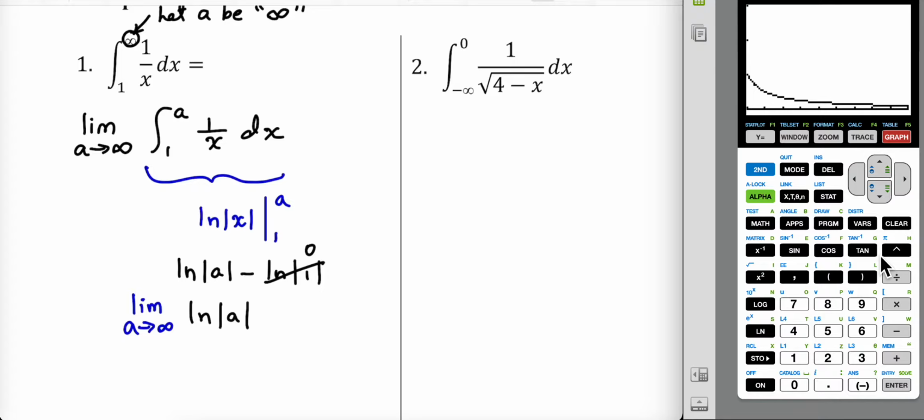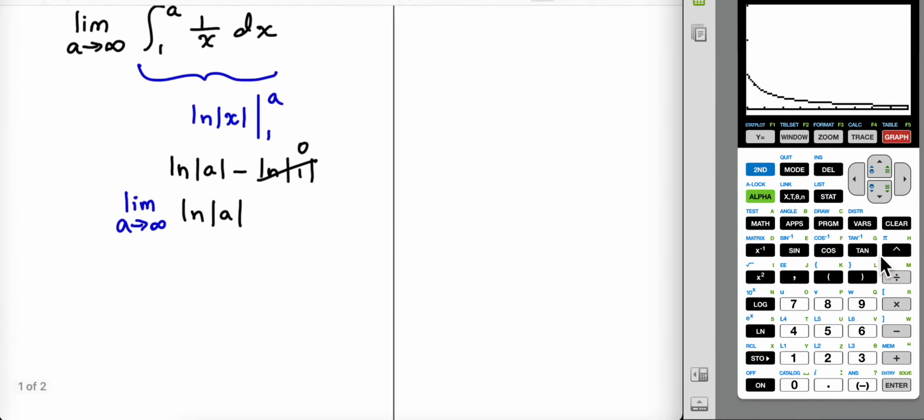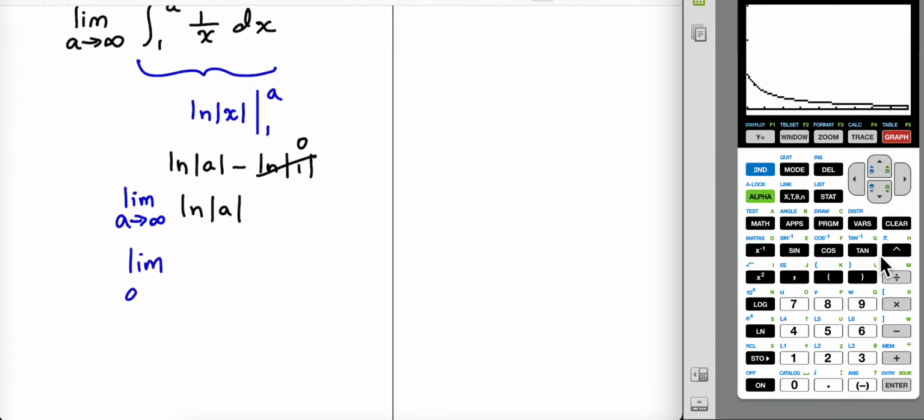The thought process there is that if we're going towards a positive infinity, and the interval we're working with starts off with a positive 1, it makes sense that we probably don't need the absolute values because everything's going to be positive anyway. So I can rewrite this as the limit as a approaches infinity of the natural log of just the plain old a.